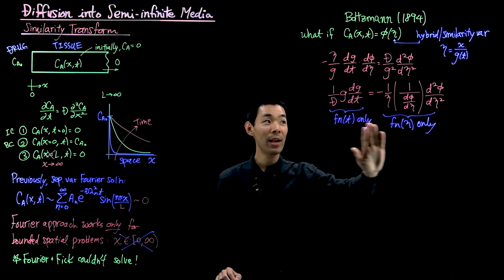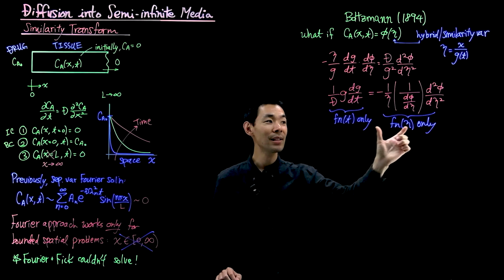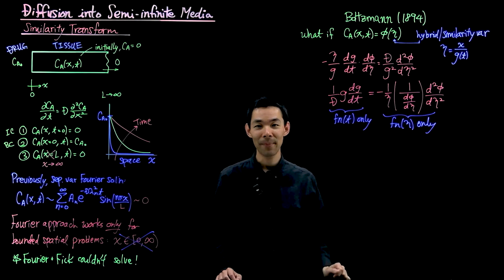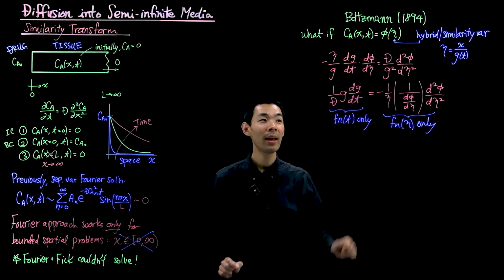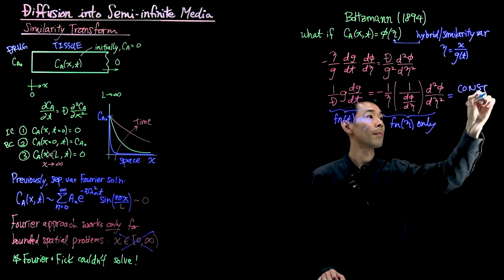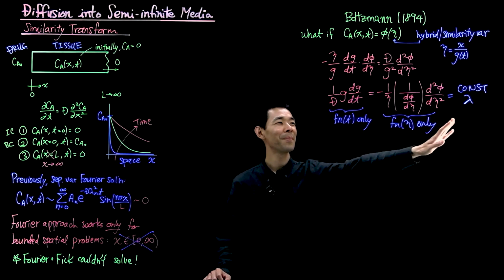I have some equation, an equality, where some function of time must equal some function of eta for all time t and all eta. The only way this can possibly be true is if they are both equal to a constant, the same constant. So it's going to be equal to some constant lambda, just like that.